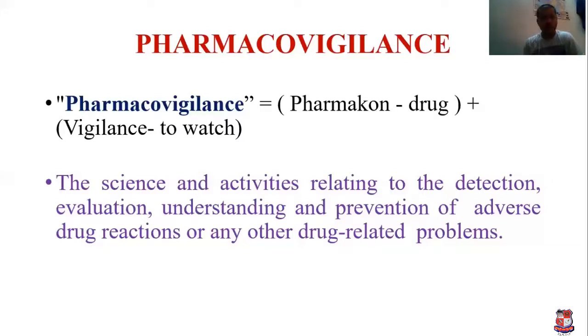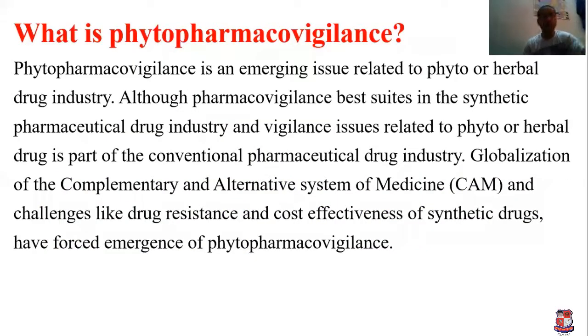So in case of pharmacovigilance, we have to identify the adverse drug reaction of the drugs. What is phytopharmacovigilance? It is an emerging issue related to the phyto or herbal drug industry.